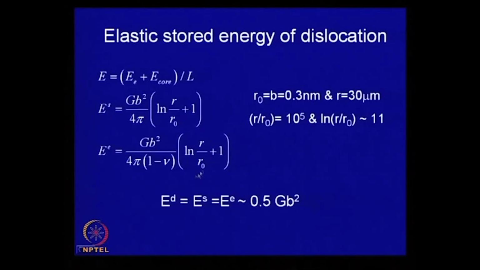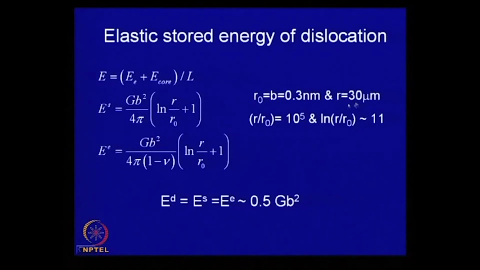But what is the order of this energy? It will be interesting to look at the dimension of the core. We found that this is of the same order as the Burgers vector, and let us say this Burgers vector for an FCC crystal, say copper, may be of the order of 0.3 nanometer, and the average grain size of metals may be around 40 to 60 microns.